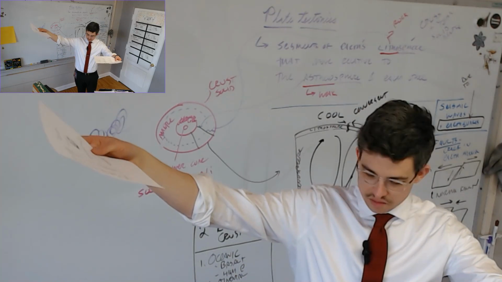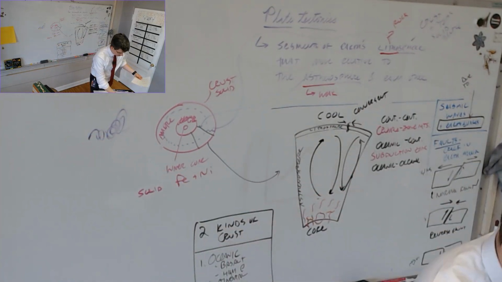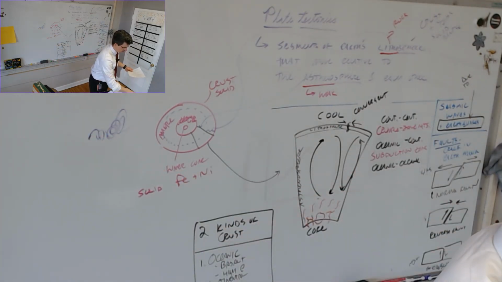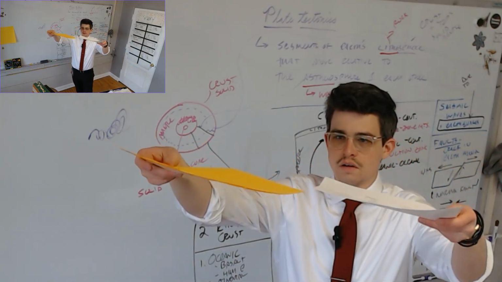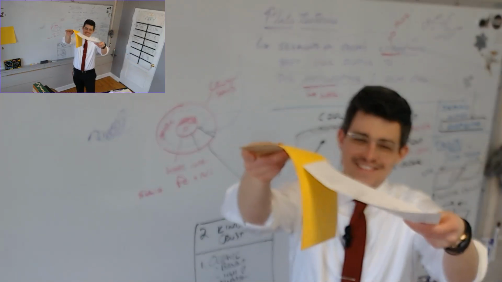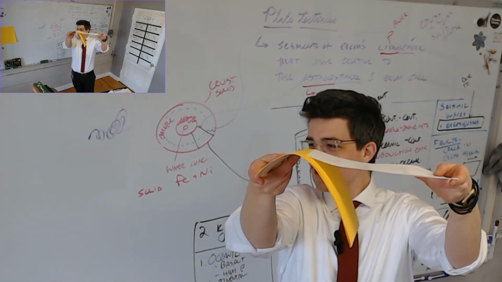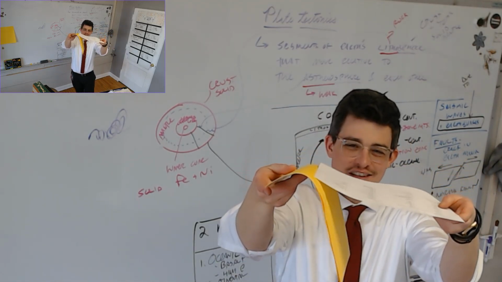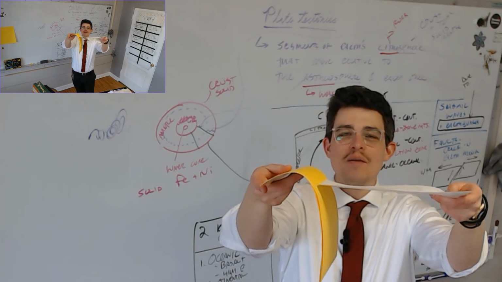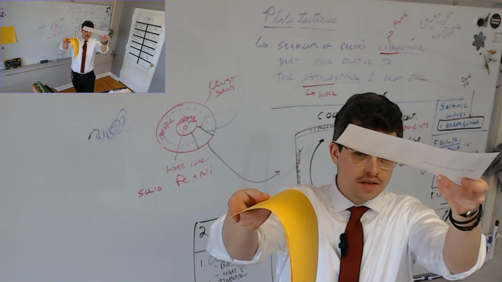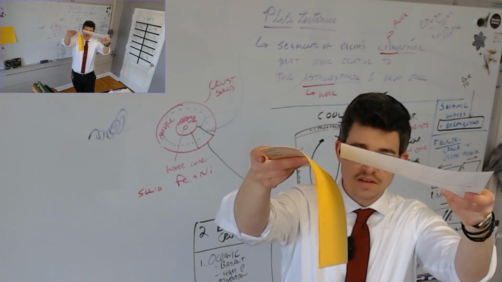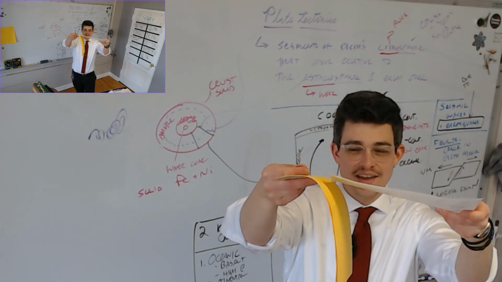This guy's more dense. How can I represent that? Let's get this guy. This guy's more dense. It's going to go down. Okay, maybe not quite that sharply, but something like that. So this one's more dense, and so you can see it's just really hanging out there. This is the continental crust, less dense. This is the oceanic crust, more dense.